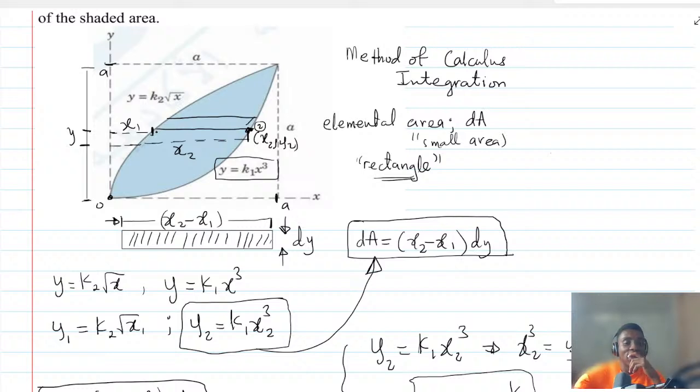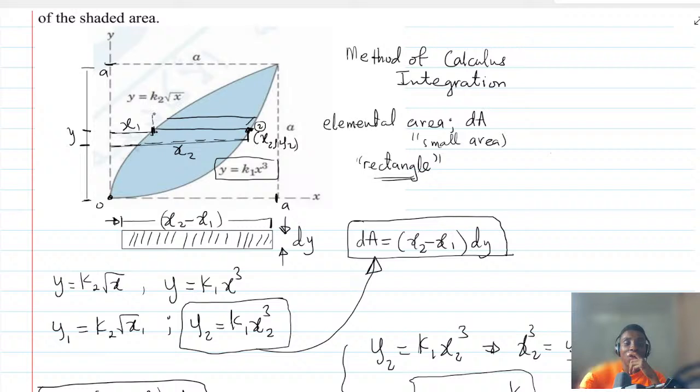Now, interestingly, there is a formula to calculate the x bar. But can anyone help us? From here to here is x1, and then from here all the way up to here is x2. So let's think about it this way. From here to here is x1 that we are talking about.